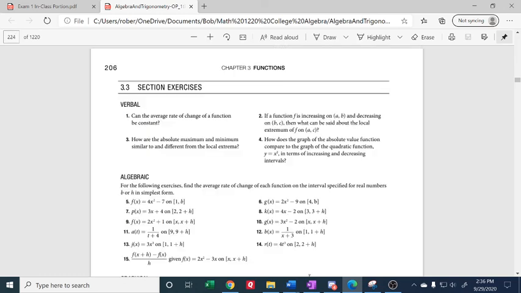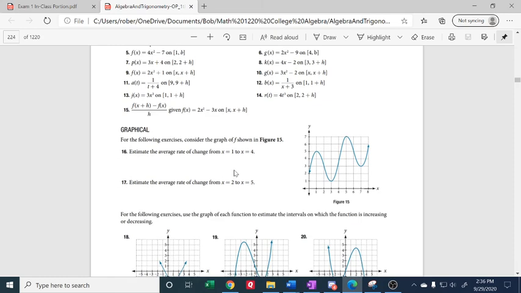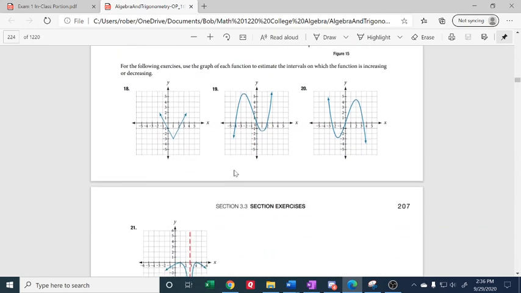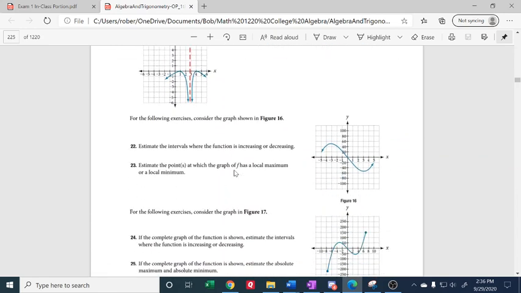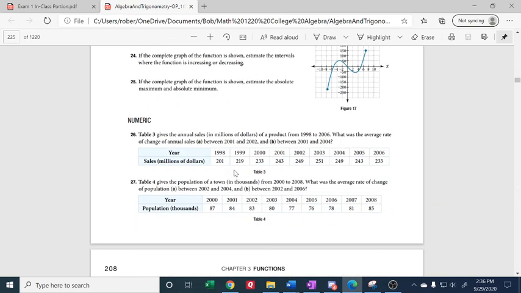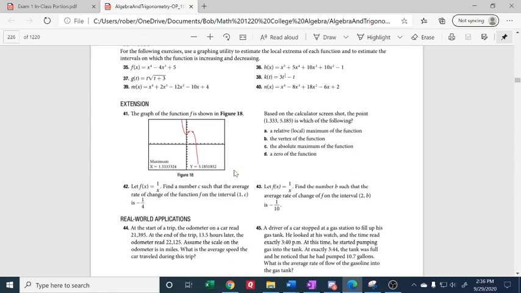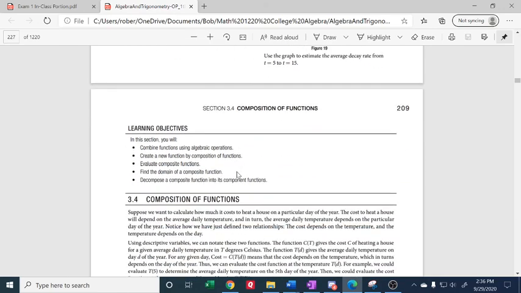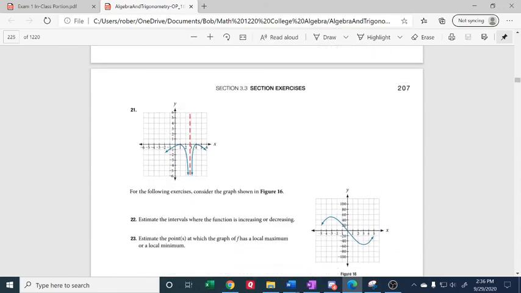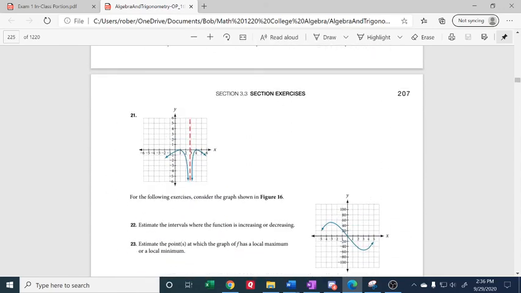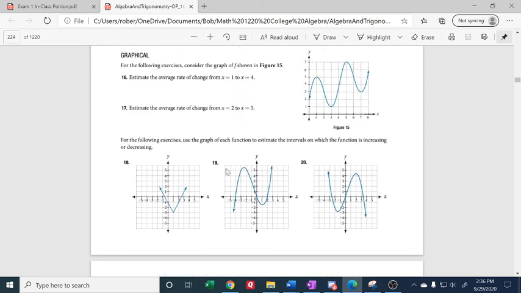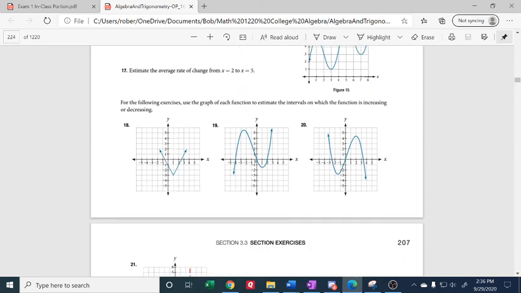You're a bit choppy. Can you see my screen? Yes, it's better now. Okay. Your voice is really choppy right now.